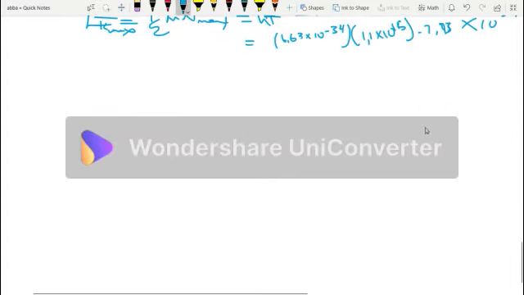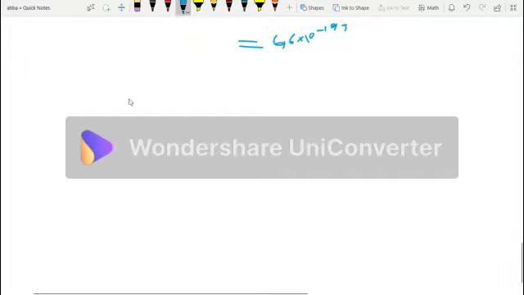Now from there, when we solve this, we're bound to get 6.6 times 10 to the negative 19 joule. This is the solution. Now that is basically that, right? So we can answer point C quickly.